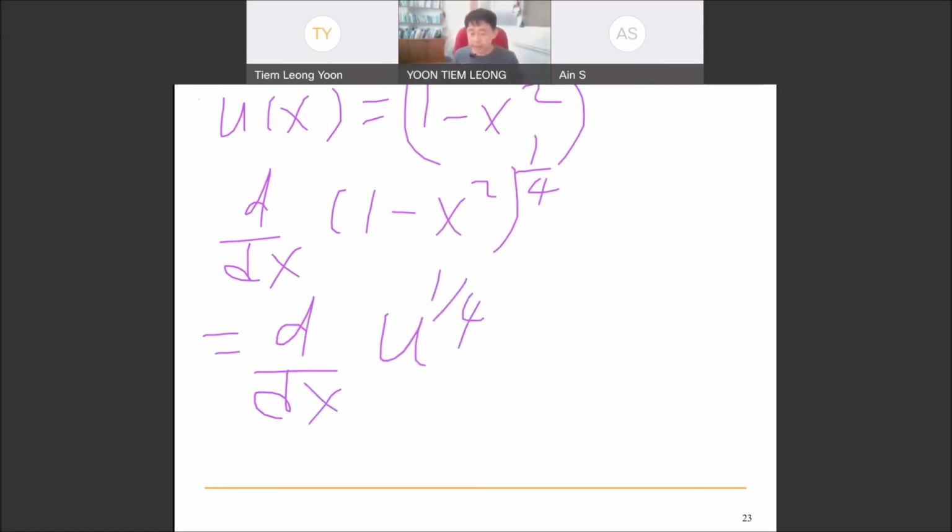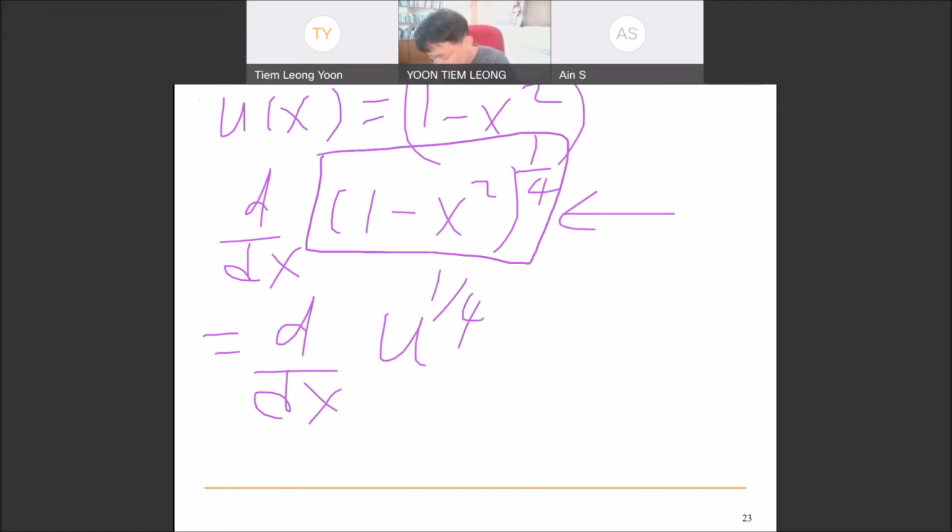Okay, so that expresses this expression in the form of a function u raised to a power which is made up of the ratio of two numbers, 1 over 4.